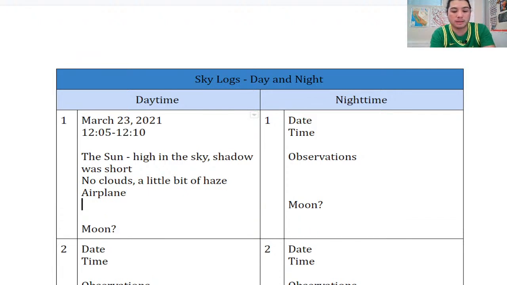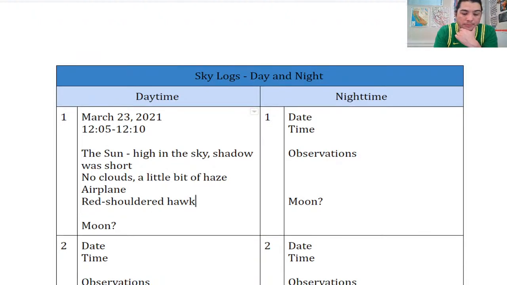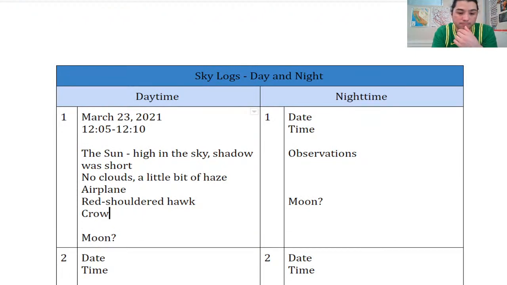I saw a really cool red-shouldered hawk soaring up there on a big thermal in the sky. And I saw a crow. That's it. That was literally it. I was out for 5 minutes. Again, I didn't see a whole heck of a lot. But I'm going to write down everything I saw and be really thorough.